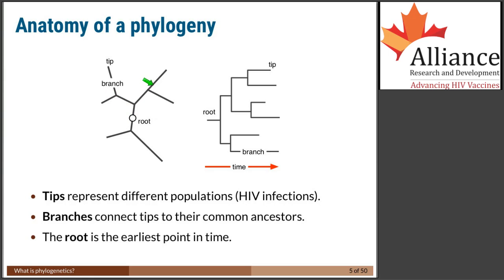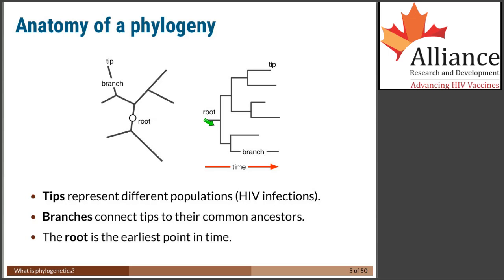The analogy I like to use is that if you imagine this tree is flat on the table, like a bunch of strings tied together, and you reach down and pick it up at some point, then time flows from your hand down toward the table, and what you're picking up is the earliest point in time. That is not indicated by this diagram. I just located the root arbitrarily here.